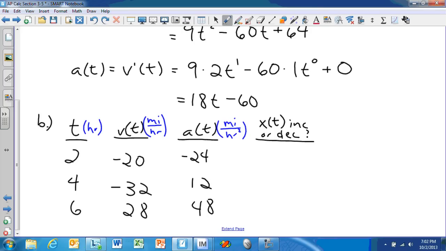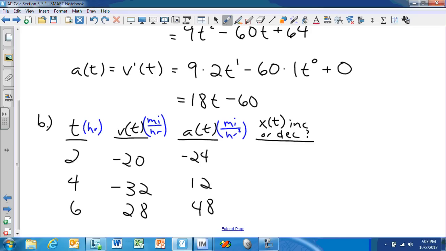If the derivative is positive, the function must have been increasing. If the derivative is negative, it must have been decreasing. So we've got to look at the derivative of x. Derivative of x, remember, is our velocity. Velocity equals x prime. So look at the column here for velocity. And if it's positive, we're increasing. If it's negative, x was decreasing.